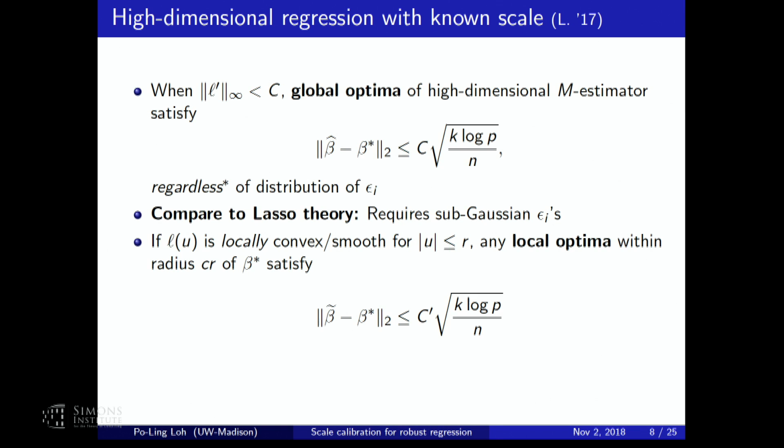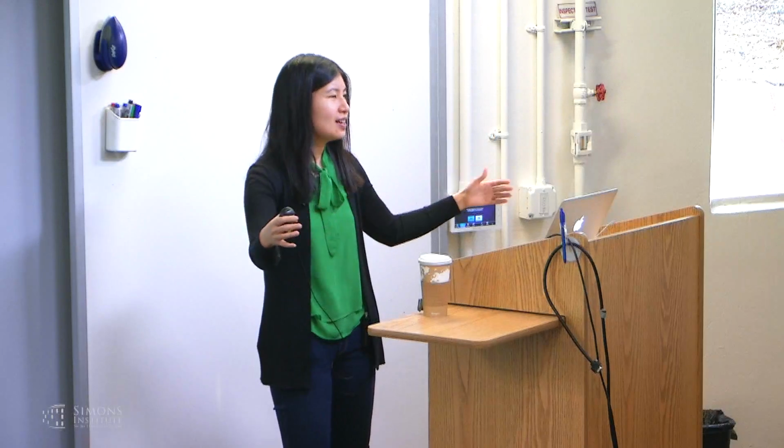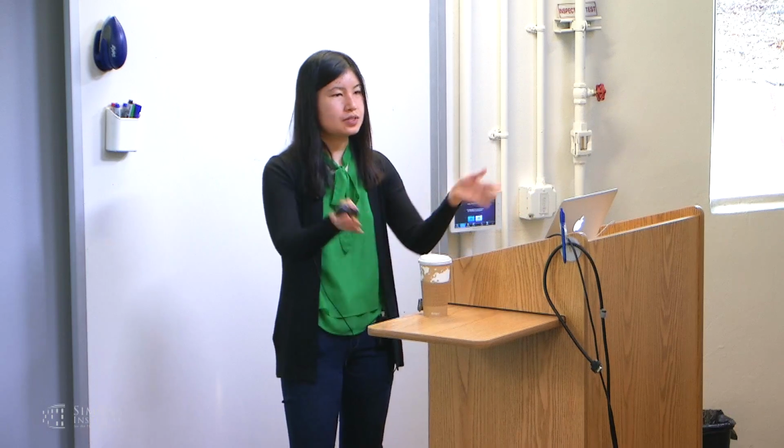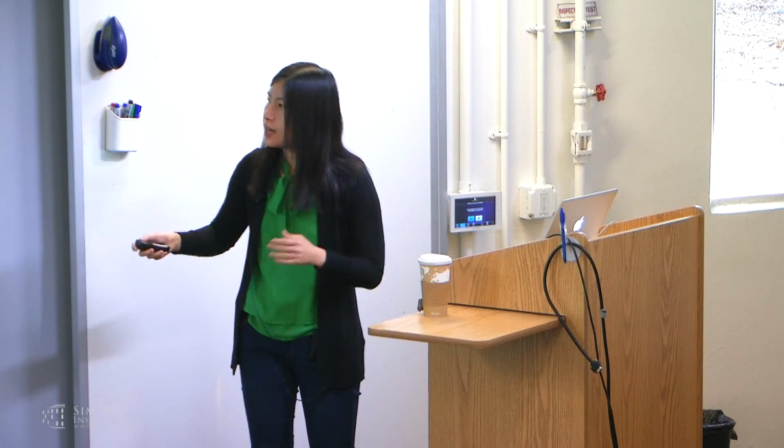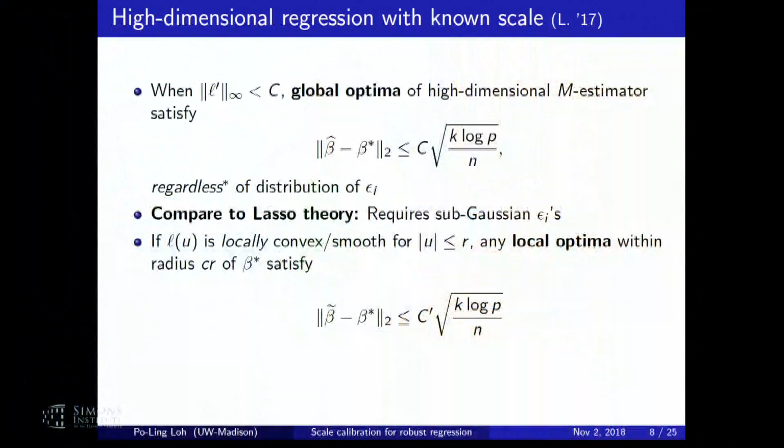Okay, so when you read this statement, it's not just saying that local optima that are already very close are very close. So you can think about R as sort of a constant radius region, and I'm saying that within this constant radius region that's sort of governed by the curvature of your Tukey or Huber loss, any local optimum in that region is actually very, very close to beta star.